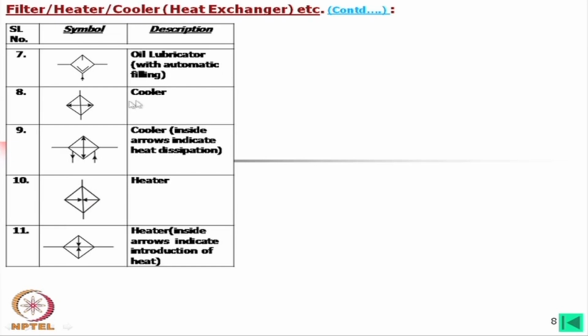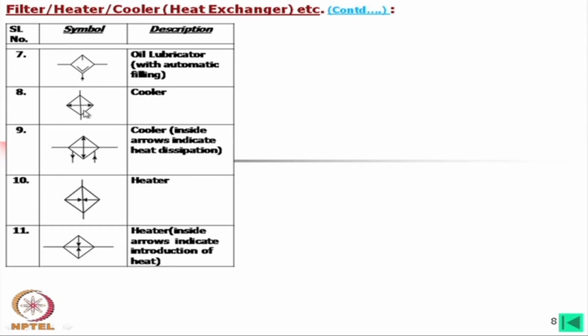This is a cooler. When you see this arrow going outside, it will be a cooler. This is also a cooler, but it is also shown that some liquid is flowing through. Why liquid? Because this arrow is completely darkened. Now, when this arrow is going inside, then it is a heater.